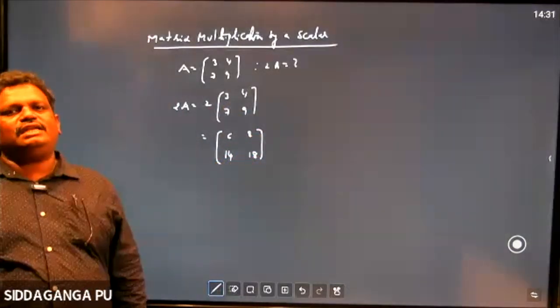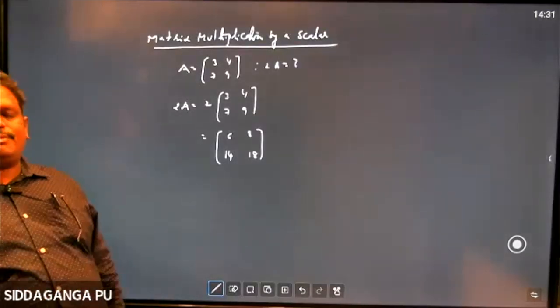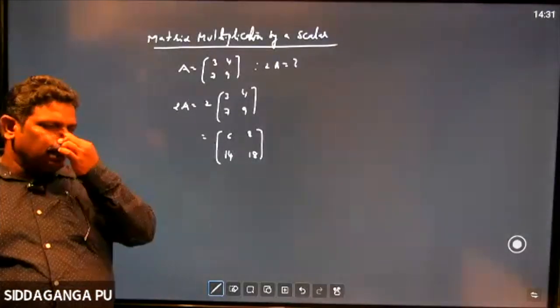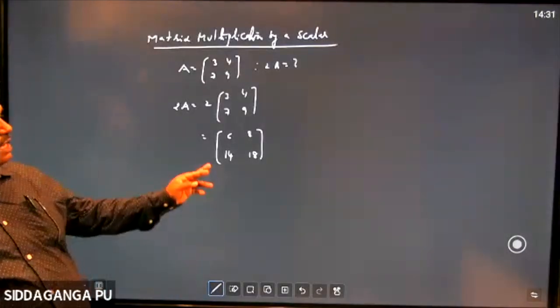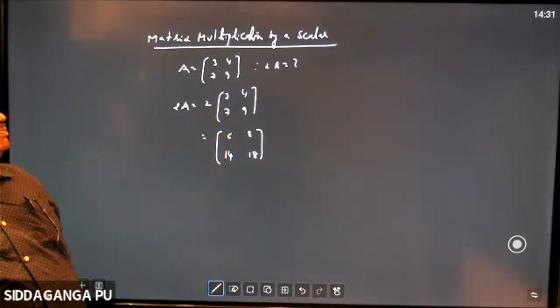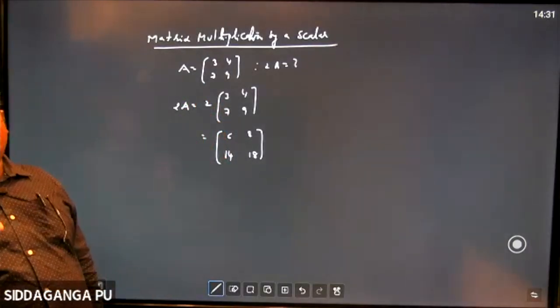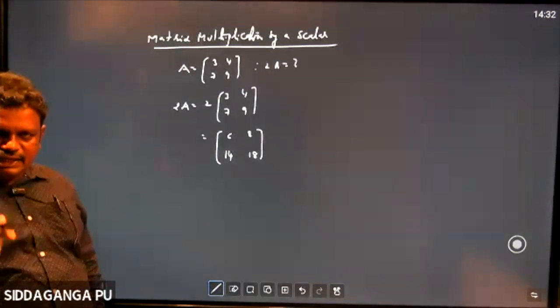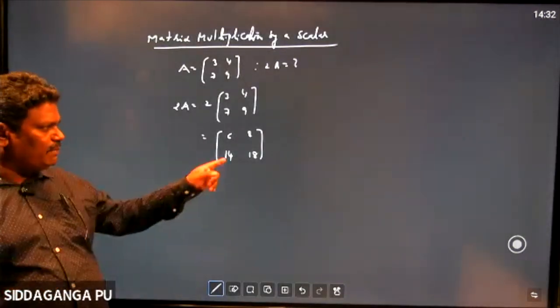Let capital A be any matrix and K be any scalar value. Then the multiplication between the scalar and the matrix, that resulting matrix, is the multiplication of a matrix by a scalar. This process is called matrix multiplication by a scalar. It means any matrix is multiplied by any number, and that number is multiplied with each and every element in the given matrix.